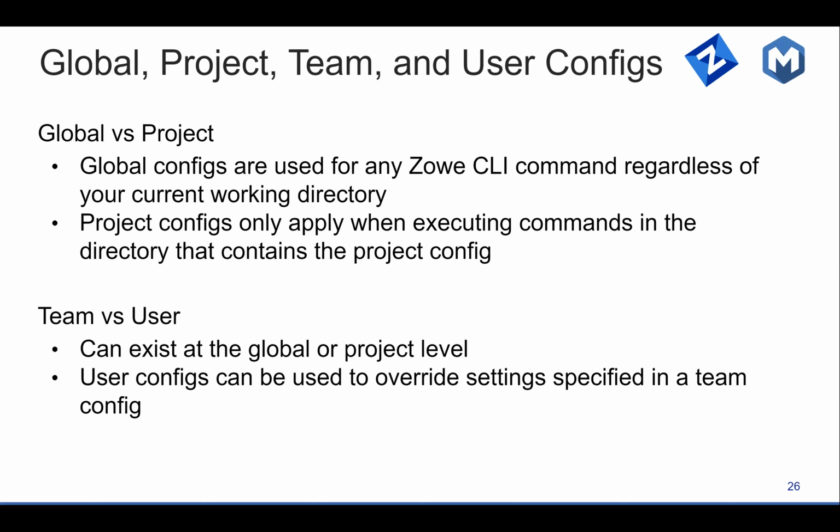If you have a project config, that is a Zowe config.json file that exists in a directory outside of the Zowe CLI home directory. And to use that project config, you have to set the current working directory of your terminal to the directory that contains that project config, or you can open a VS Code workspace that contains the project config file.